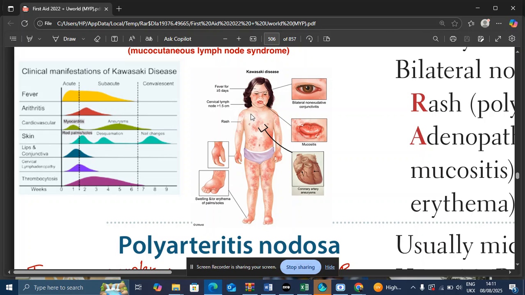S stands for strawberry tongue, and these are the findings related to mucositis. H stands for hand and foot involvement, with swelling, erythema, and edema of the hands and feet.